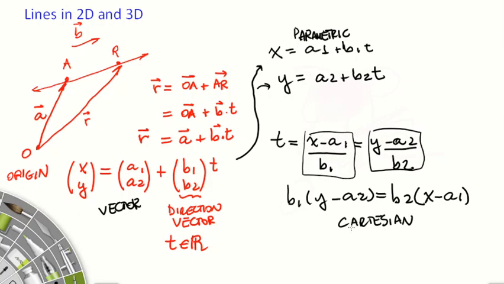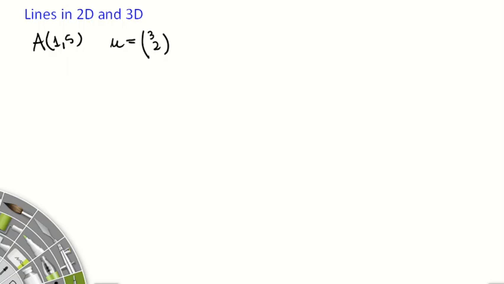You are expected to know all those three forms, and sometimes you might be asked to go from one to another or derive one from some kind of problem. So very simply, let's say that we're given a point and a direction vector. Here a, 1, 5, is a point of our line, and this vector 3, 2 is a vector which is parallel to that line.